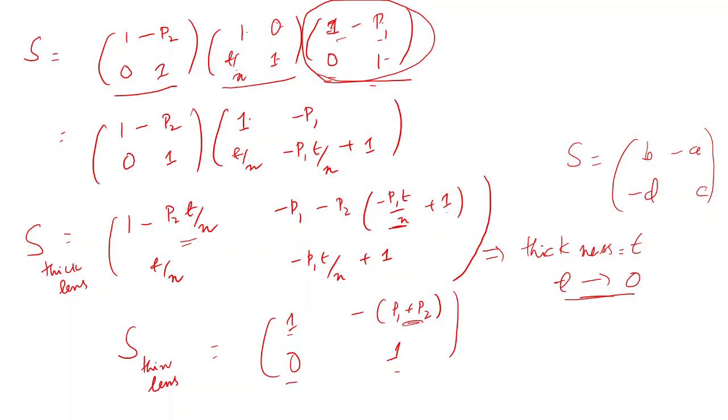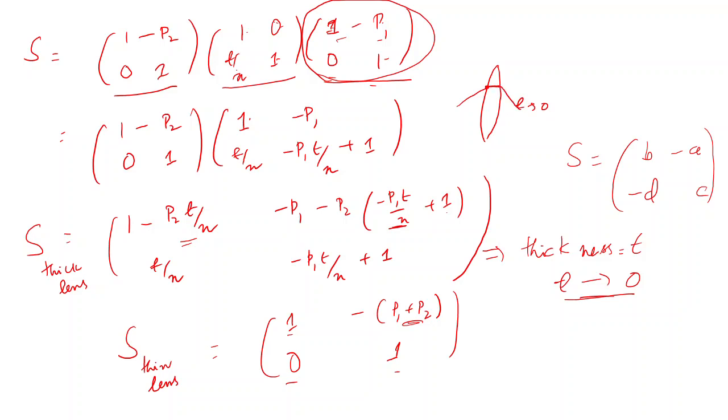So this, for a thin lens, looks very much like a refraction, because if it is a thin lens, it makes sense that there is one refraction happening here. If the thickness is going almost to 0, then there is not much translation here. It immediately goes for the second refraction, right?